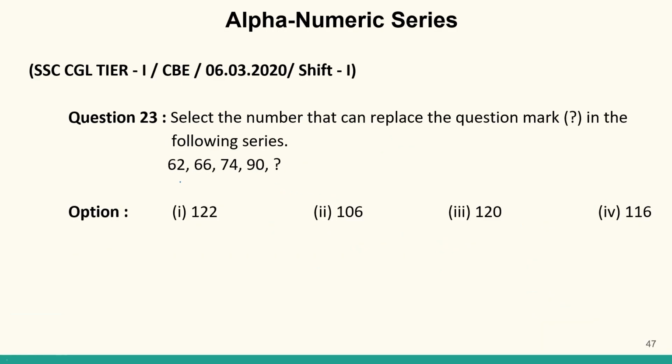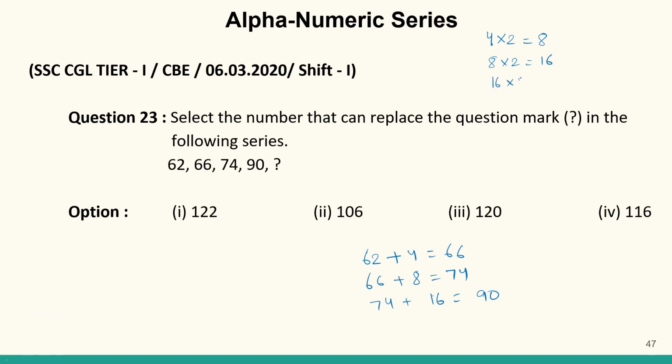Now let us look at this question. So if I add 4, I'll get 66. If I add 8, I'll get 74. If I add 16, I'll get 90. So I can see that the number that we are adding is being multiplied by 2. So first we added 4, then we multiplied it by 2 and added 8, then we multiplied it and added 16.